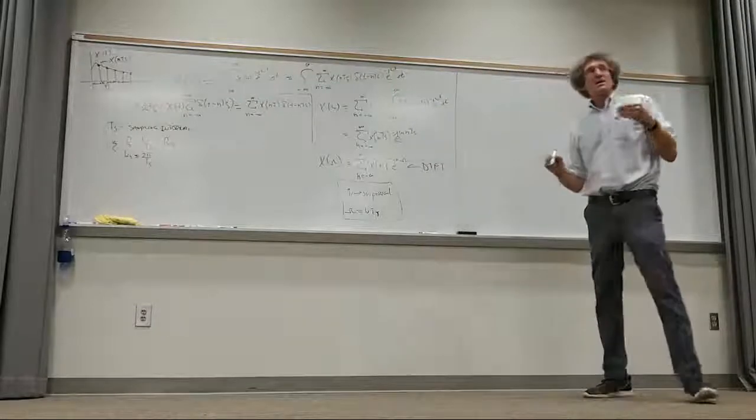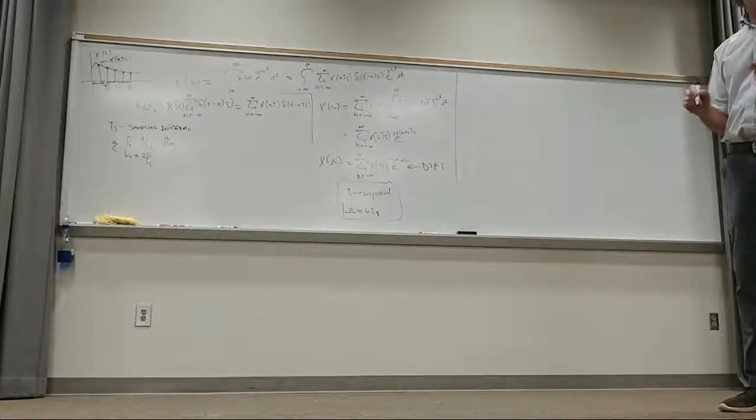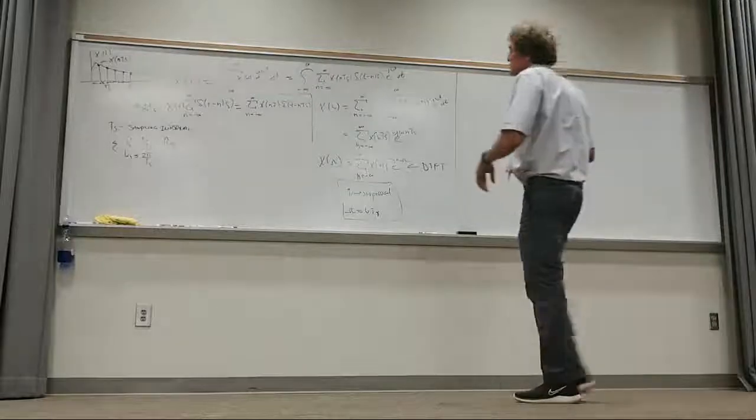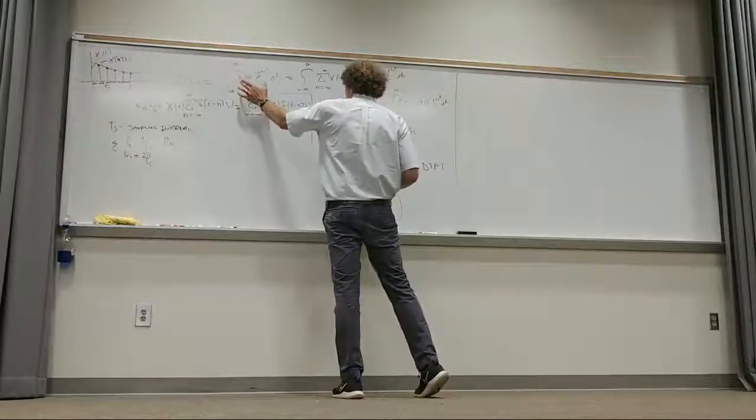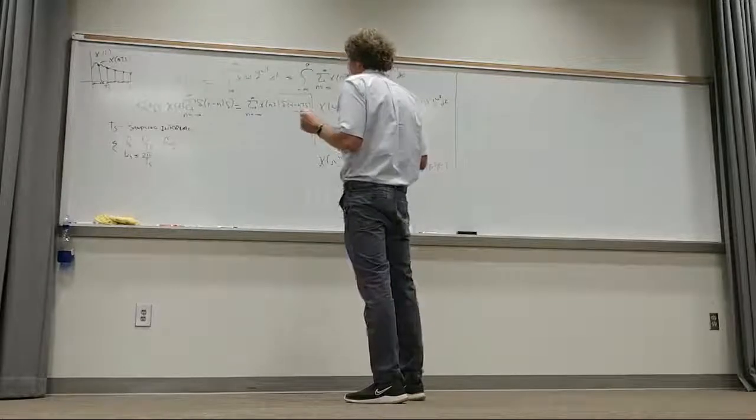Now, why do we need to sample at a rate of at least twice the highest frequency of interest? And this is the important one. I'm going to use this same integral here, right here. And I'm going to do something first with this.